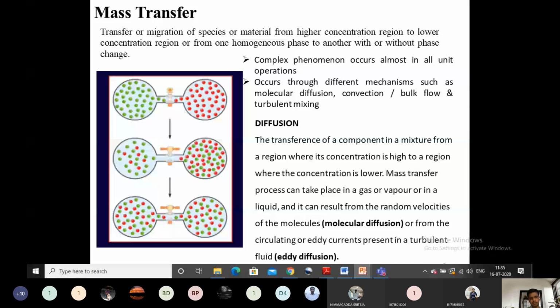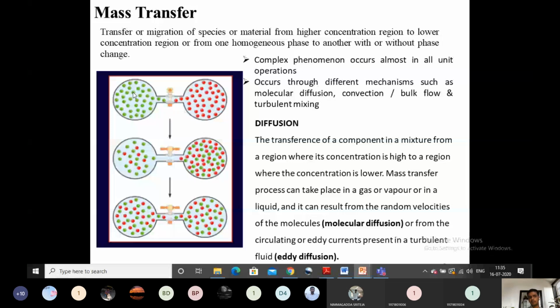As you can see, this is a twin bulb in which the red particles have a higher concentration on one side, whereas on the left-hand side the green particles have a high concentration. According to the definition of mass transfer, it goes from higher concentration region to lower concentration region.